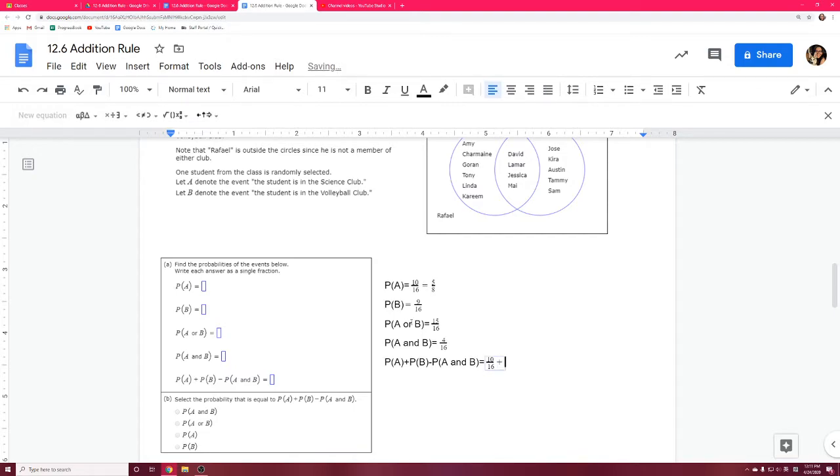Plus the B. Minus A and B. And you can calculate that as 9 plus 10 is 19, minus 4 is 15 out of 16.